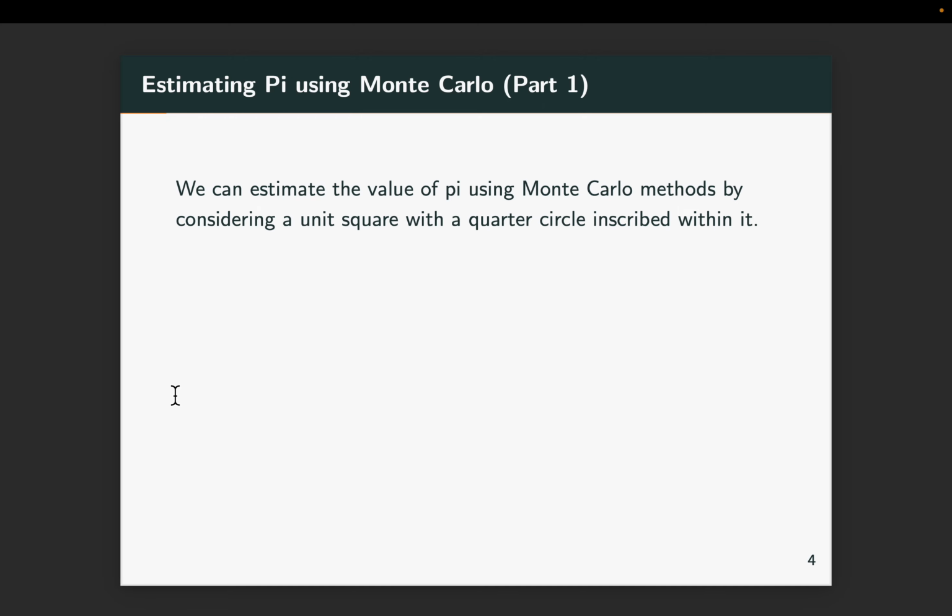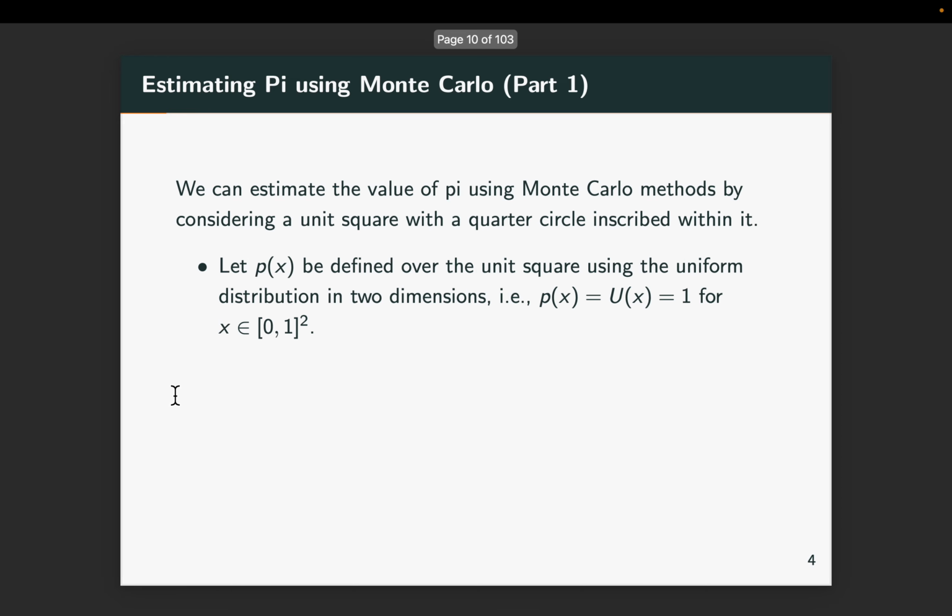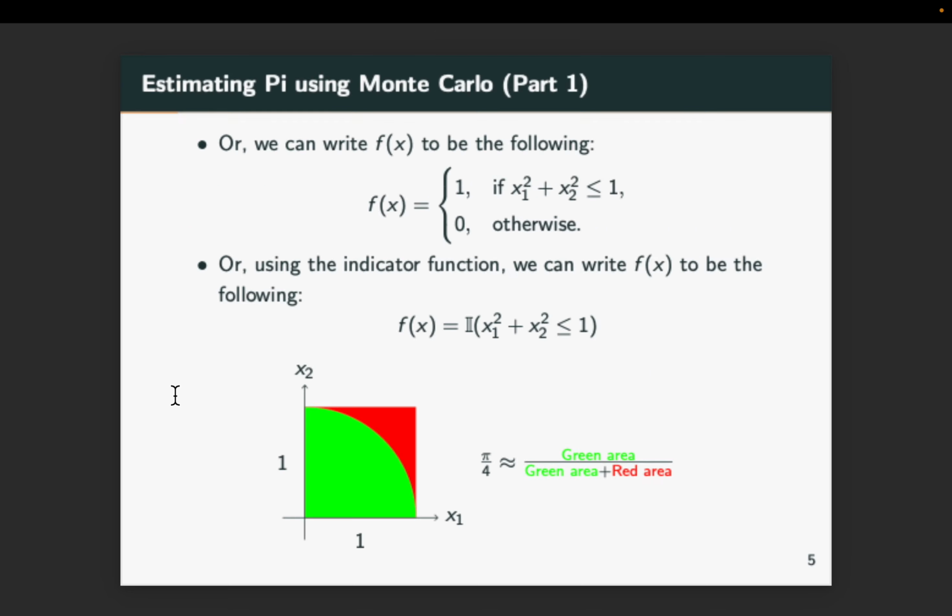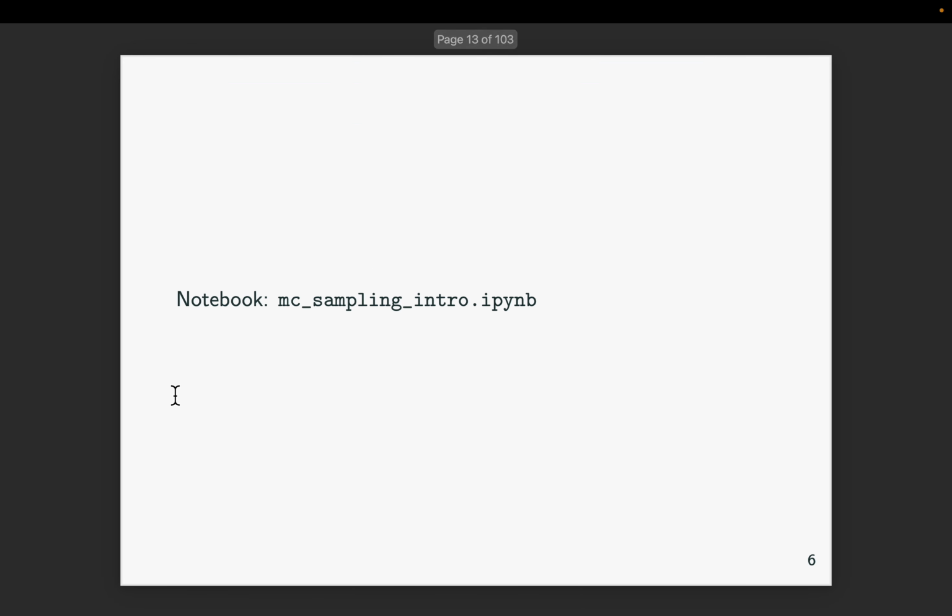And we want a function which gives you green if the value is within the circle and red when it's outside the circle. So this kind of function has to be something like an if-else function. You could write an if-else function or you could write it as an indicator function. Both can be written equivalently, and therefore with this particular f(x) and this particular p(x), we'd be able to get the pi by 4 value.